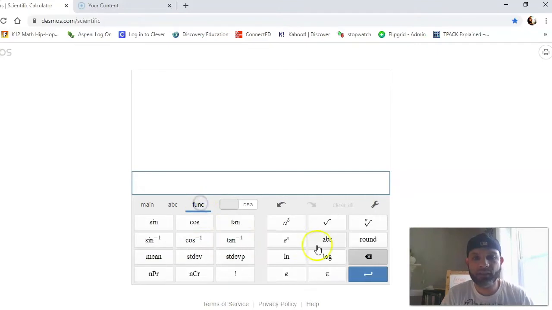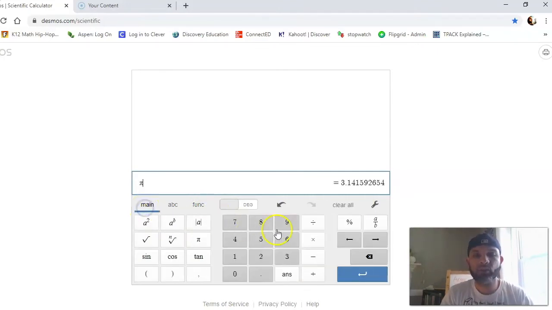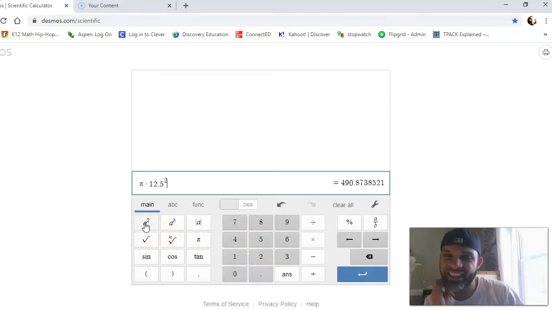So as always, we're going to use our Desmos calculator. We're going to hit our FUNC button, pi, go back to our main, times 12.5, and then we're going to square that. And look at what we get. 490.87, because it is a 3 right here, it doesn't round up, it stays at 87 hundredths.